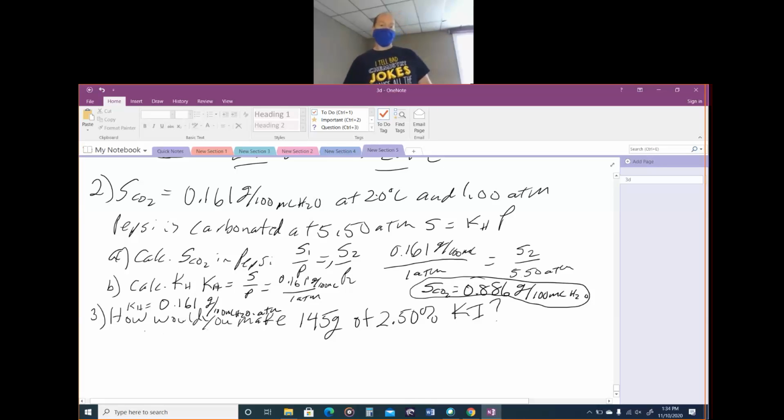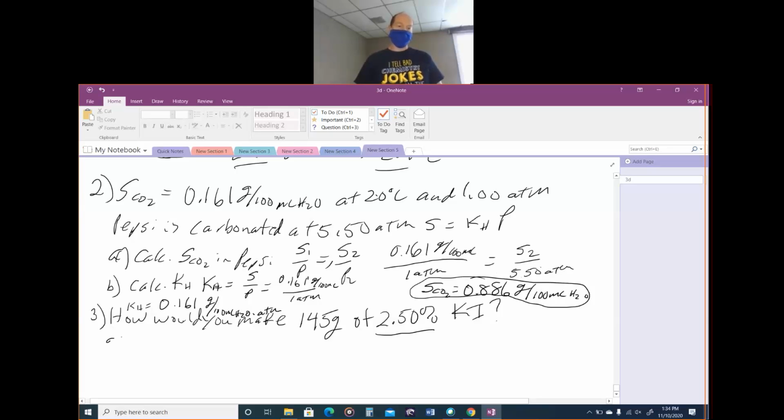All right, number 3. 3 has A through L. How would you make 145 grams of 2.5% KI? A much easier question would be, how do you make 2.50% KI? Well, you assume a 100-gram sample. When you see percent, it is a mass percent, unless it says otherwise. It could be a volume percent, it could be a mass-volume percent. If it doesn't state, it's a mass percent.